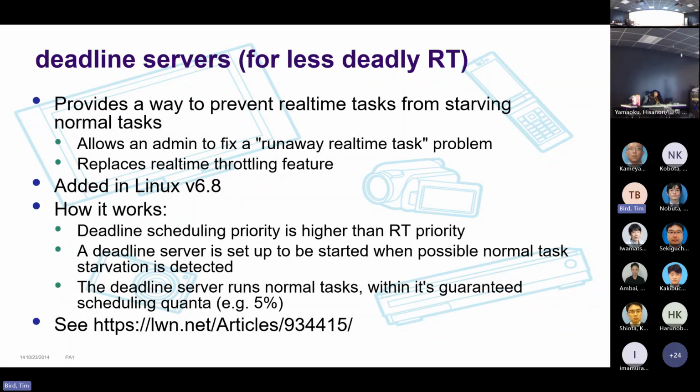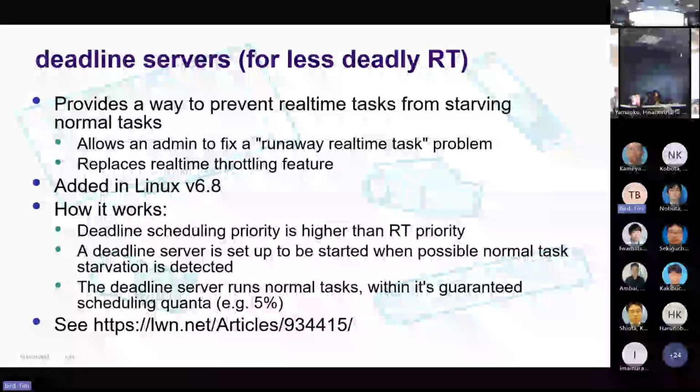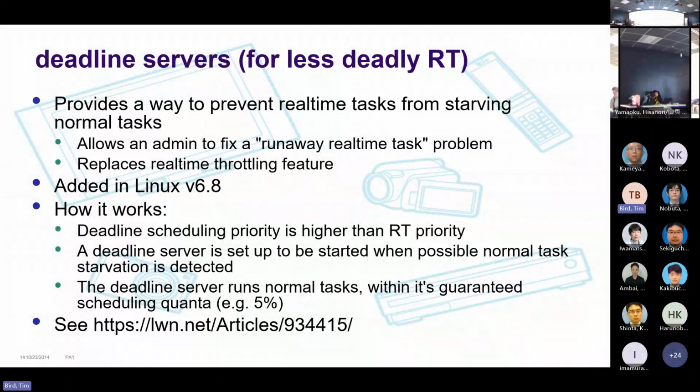So this new mechanism called deadline servers allows an admin to fix the runaway real-time task using a different mechanism. So this was added in 6.8. And how it works is that they now use deadline scheduling. So they set up a server that's running under the deadline scheduling priority, which is even higher than real-time priority.